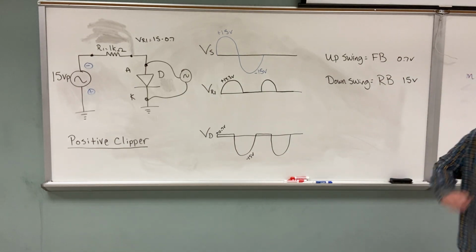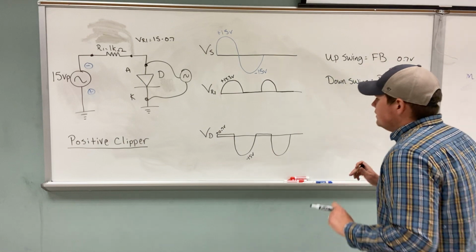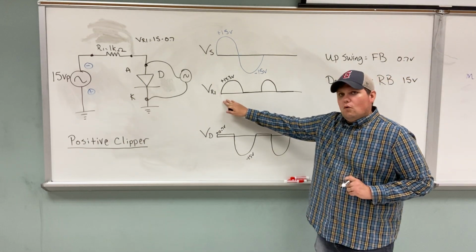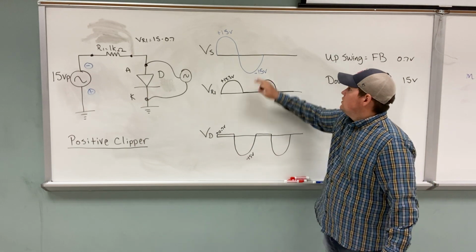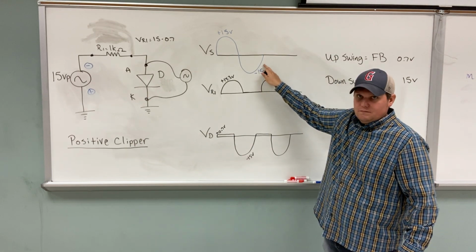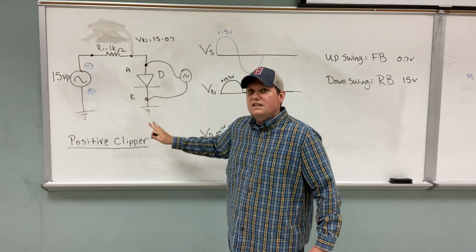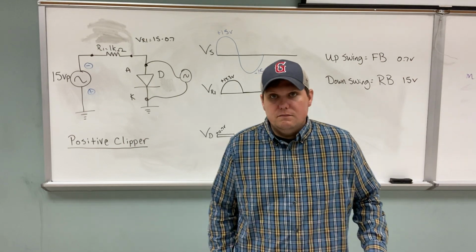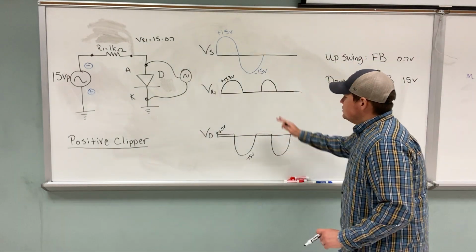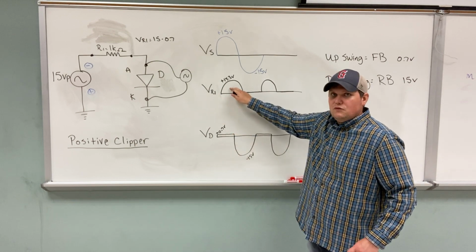So, I want you to realize something here. If you take VR1 and VD and you slide them together, you're going to have this. That's one way in this kind of configuration that you know you are correct. Okay? Because look at this. I have 0.7 volts here and 14.3 here.